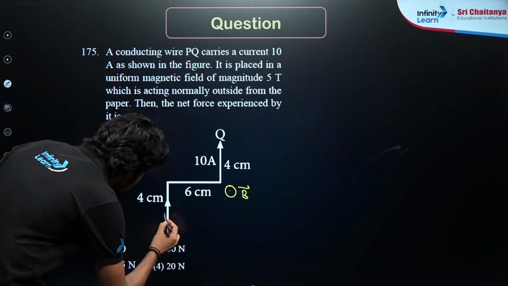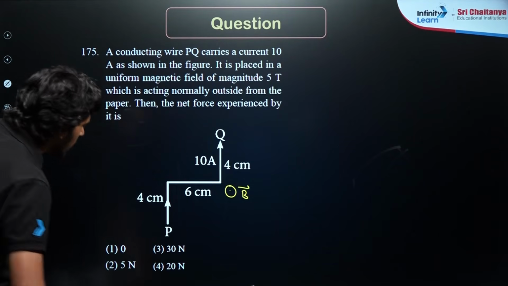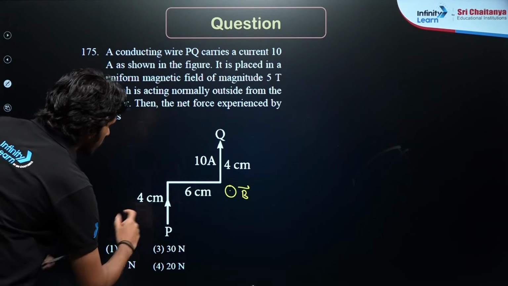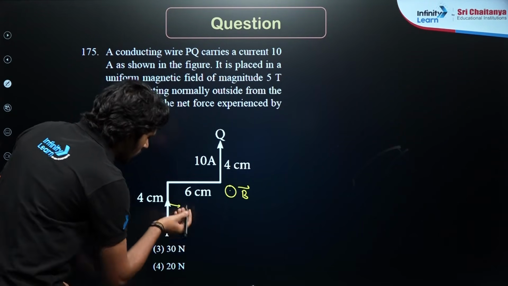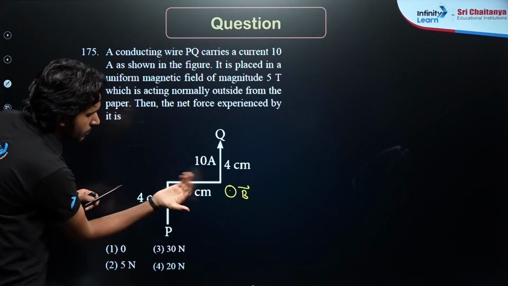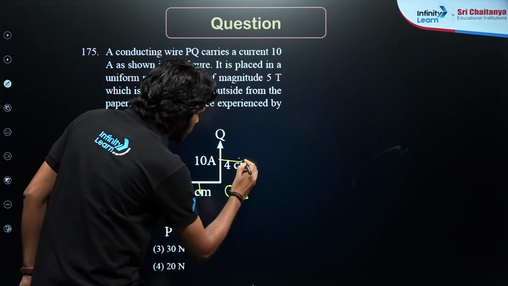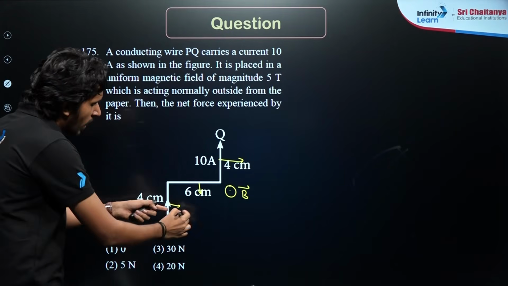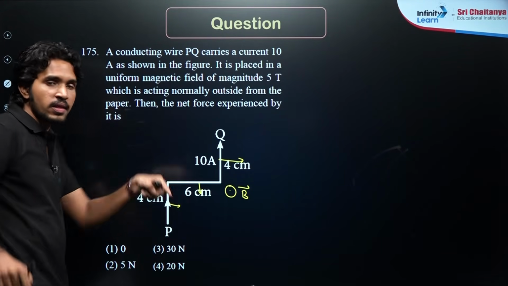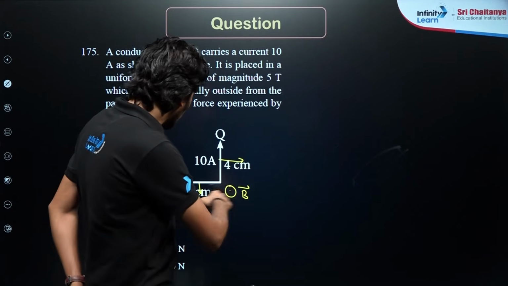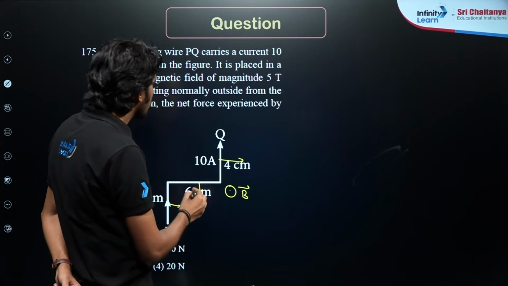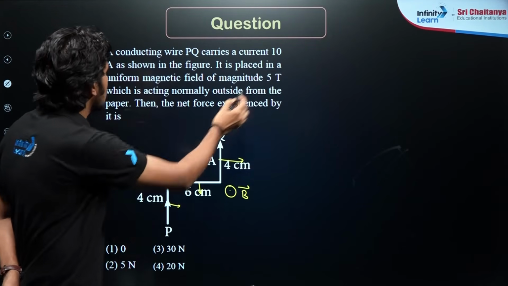So on this L cross B in this direction, L cross B in this direction, L cross B in this direction. So 2 are in i cap and one component is in minus j cap. So I am calculating i cap components. Current is where? 10 ampere.